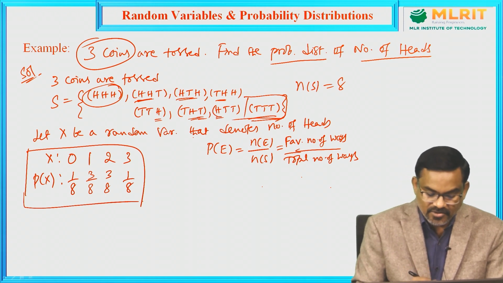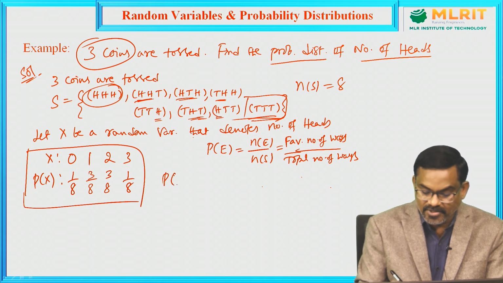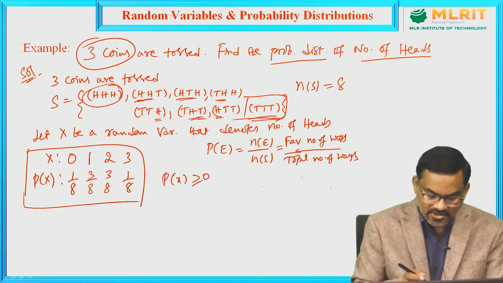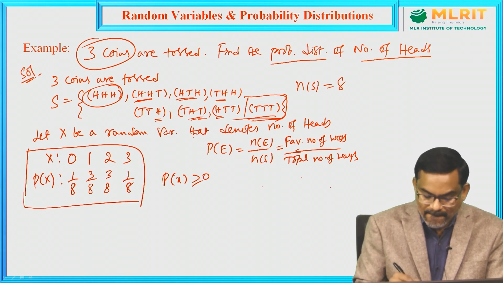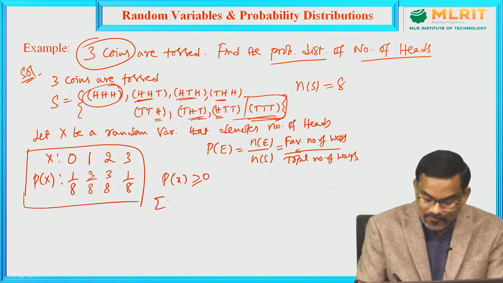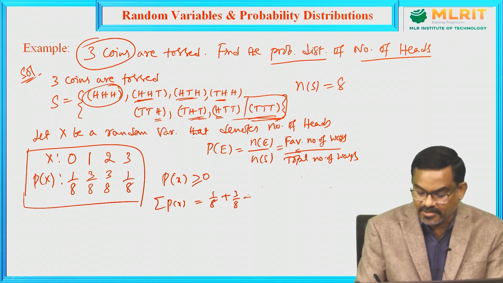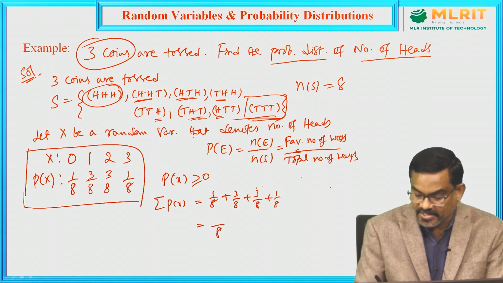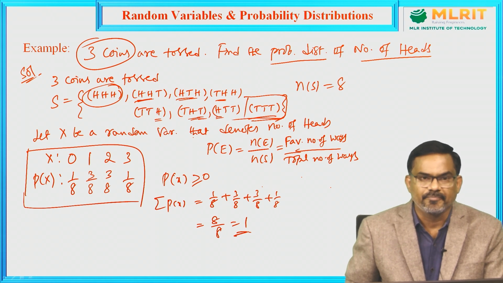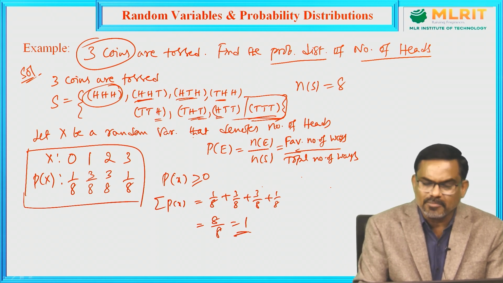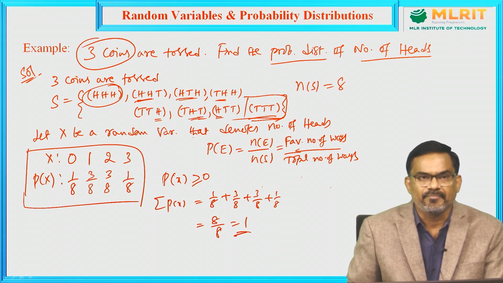Here you can identify one thing: all the probabilities are greater than or equal to 0. And the sum of probabilities, 1 by 8 plus 3 by 8 plus 3 by 8 plus 1 by 8, has denominator 8 and numerator 8. So, the total probability is always 1.